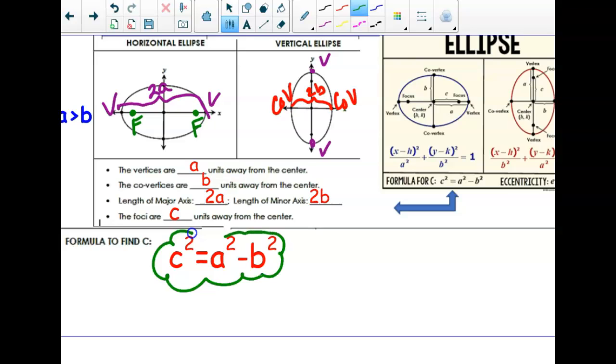To find the foci, you have to use c squared equals a squared minus b squared. And that is on your reference sheet. So remember to use the reference sheet. Don't just assume you remember, because it's a different equation for ellipses than it is for hyperbolas.